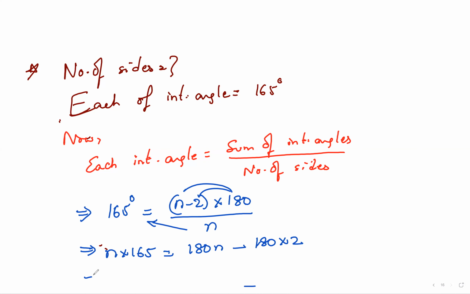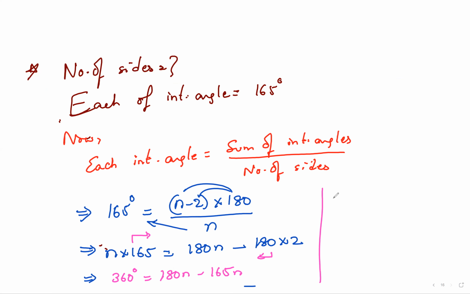Now we have seen in solving linear equations that wherever you have the variable with the lower coefficient, it has to be transposed. So what is transposed here, my dear students? n times 165. Now transpose this also, and the constant 180 into 2, it is 360 degrees, is equal to 180 n minus 165 n.